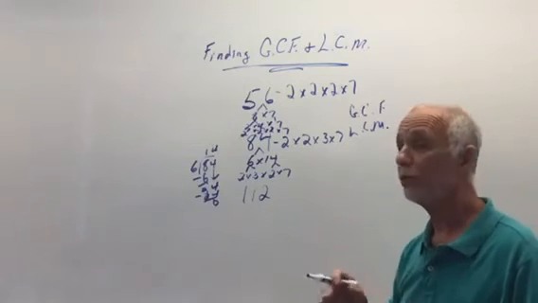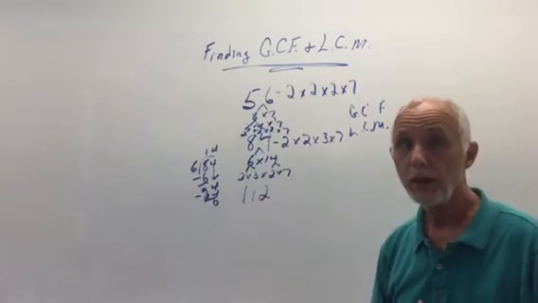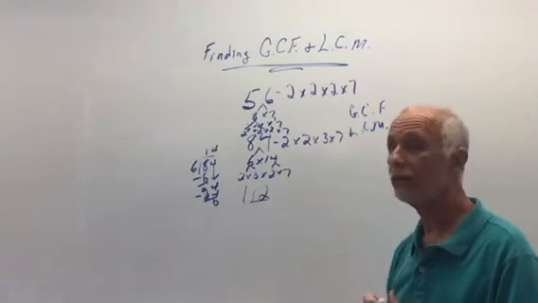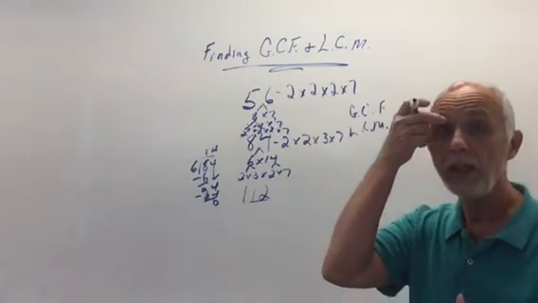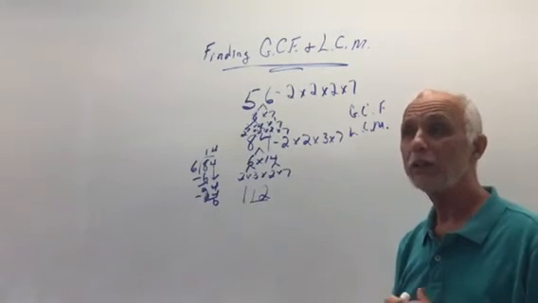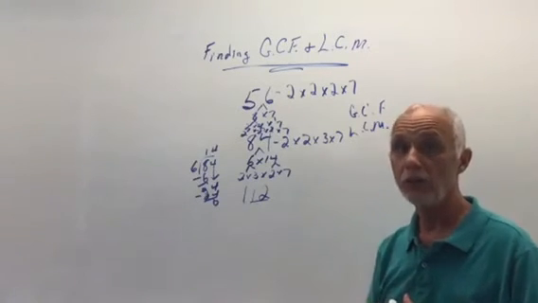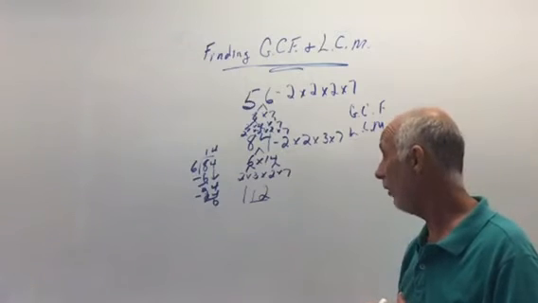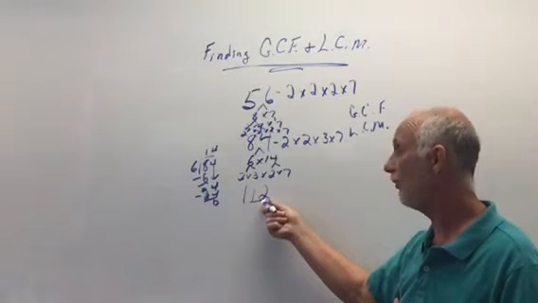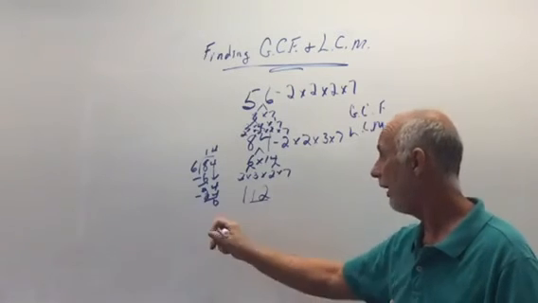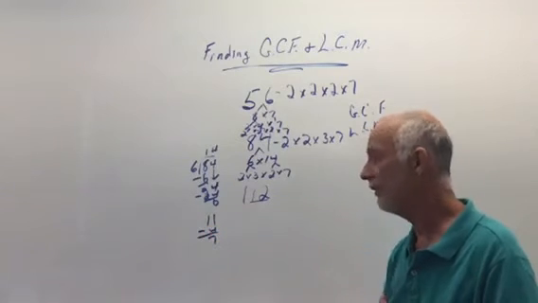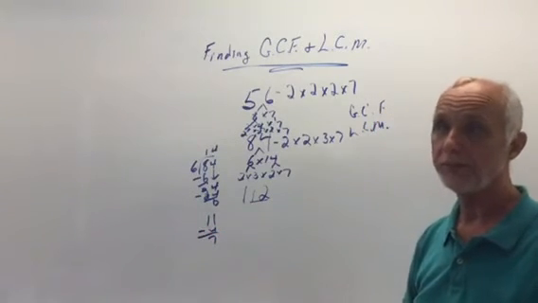It's an even number, so you could use 2, but if you know your rules, you would know that 4 also goes because the last 2 digits are 12, and 4 goes into 12 evenly. By the way, I did show you a rule for 7 also, and 7 actually does go, because if I double the last digit, which is 2, that's 4, and if I subtract that from the rest of the number, 11 minus 4 is 7, and 7 goes into 7.